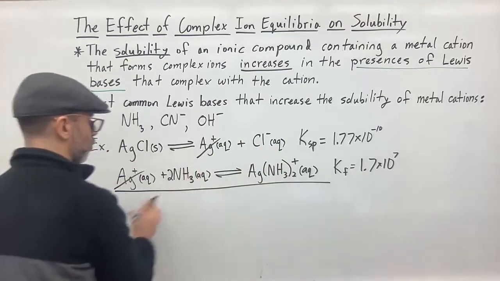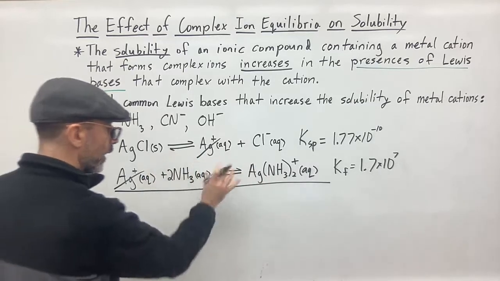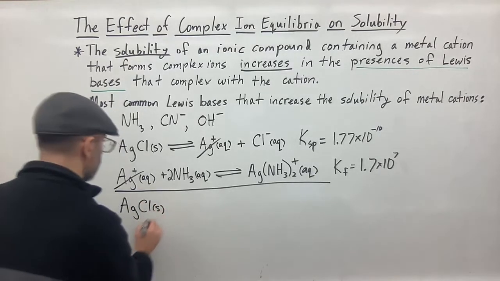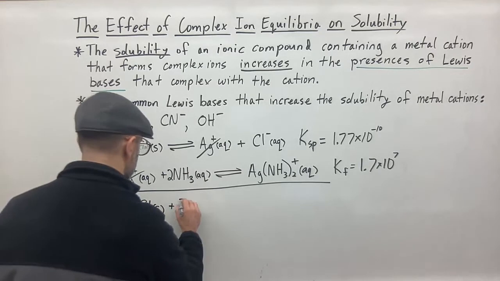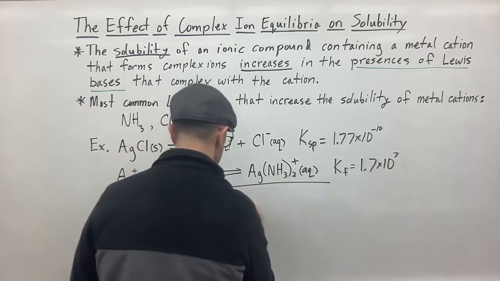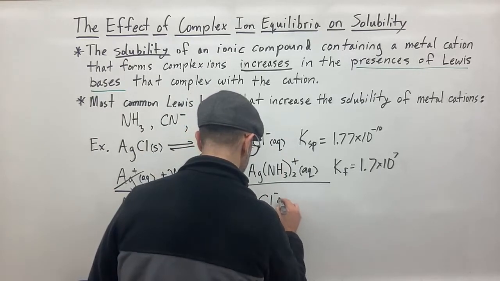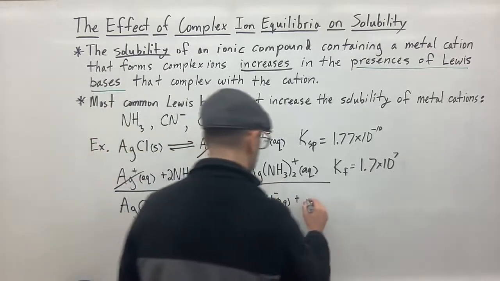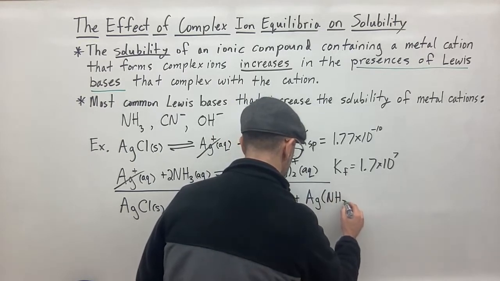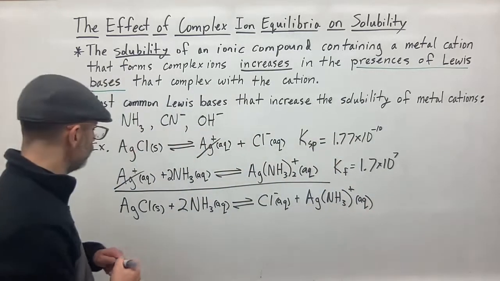And so what you end up getting for your final equation is AgCl solid plus 2 NH3 aqueous, in equilibrium with your Cl minus aqueous plus your complex ion of silver and ammonia. And so there's your final equation.